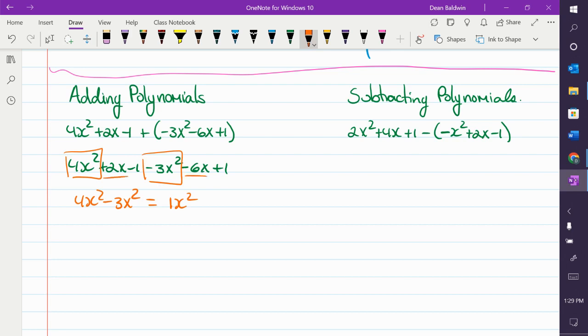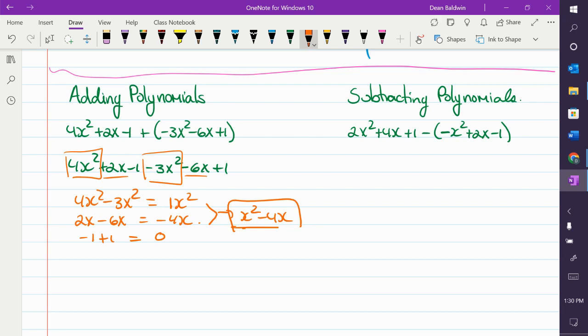The 2x and the negative 6x is negative 4x. And negative 1 plus 1 is 0. So this just becomes x squared minus 4x. Adding polynomials is essentially just like collecting like terms, what we did like 20 minutes ago.